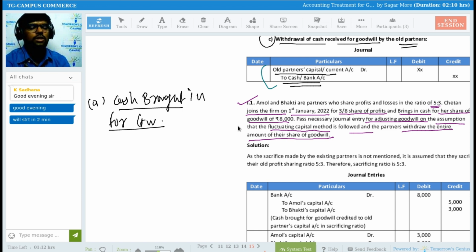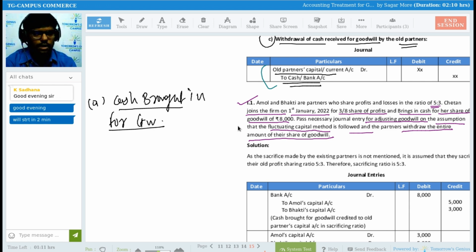No, sir, share sacrificed is not given. B was the case where share sacrificed is not given but proportion on old share is given. So that is also not the case. C case is proportion on new partner's profit sharing ratio given. That is also not given.